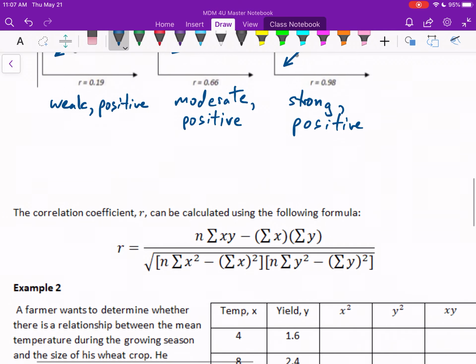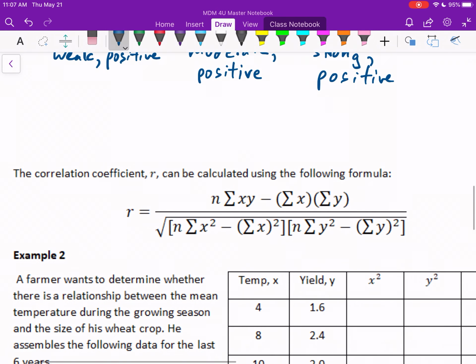So again, here's the formula, and we know that the sigma, this symbol here, just means to add things up. So this sigma xy simply means x and y are just the variables. Again, everything we do from here on out is going to be two variables, so x and y are just our two variables. And so we're going to multiply x times y.